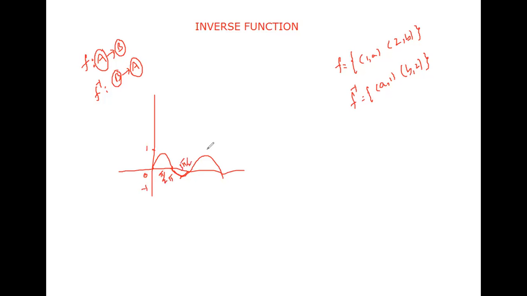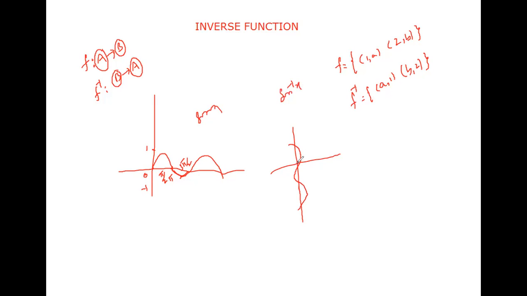So for the inverse of this function, the domain will become the codomain. The inverse graph will come like this, the inverse of the sin x graph. So this will be the sin inverse x graph.